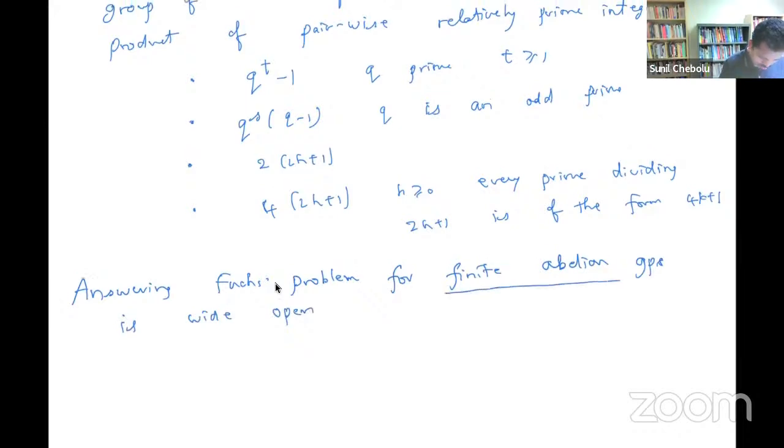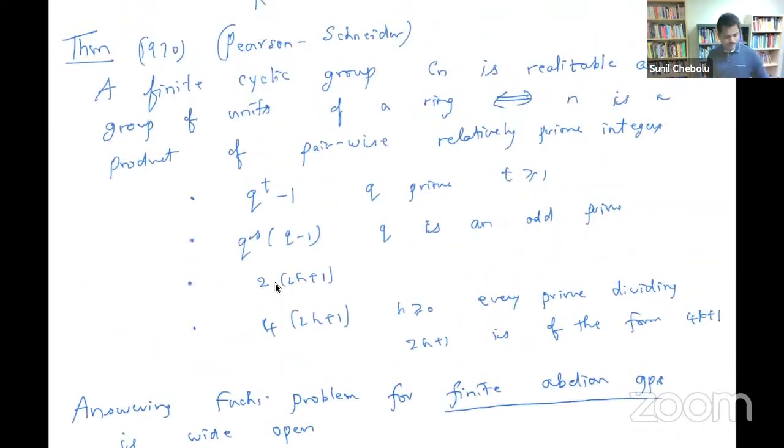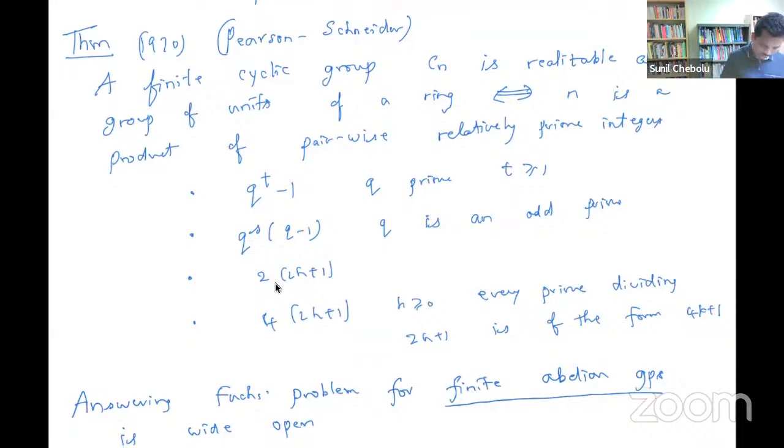Yeah, every finite abelian group is a product of cyclic groups, and we know the answer for cyclic groups. So one might think that we can just somehow patch these things and get the answer for finite abelian groups. No, it's not going to work that way. It's actually a very, very non-trivial result.